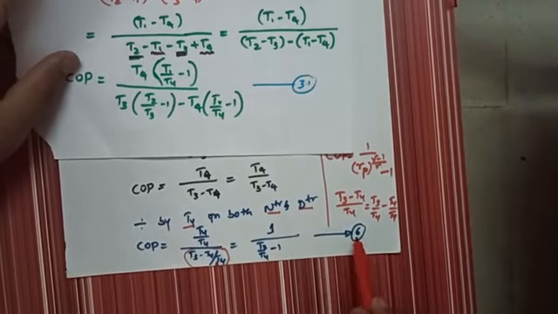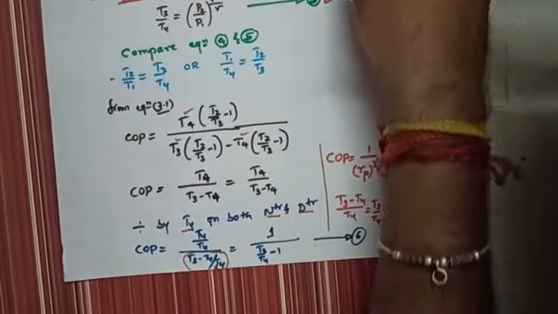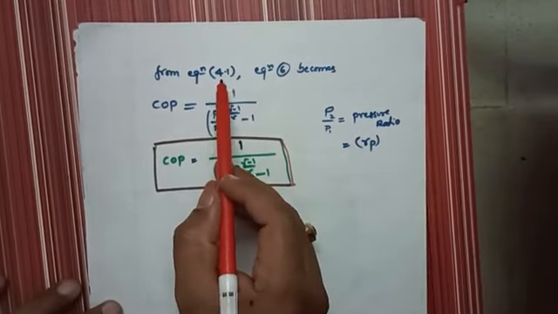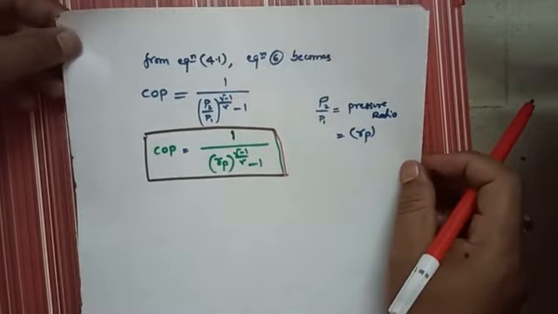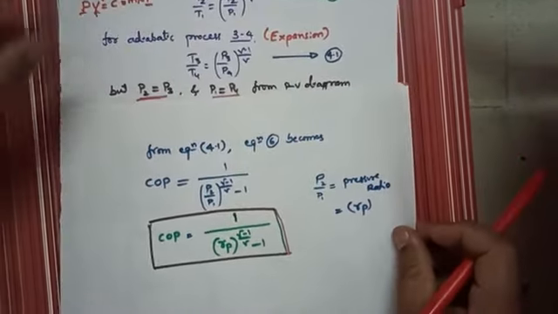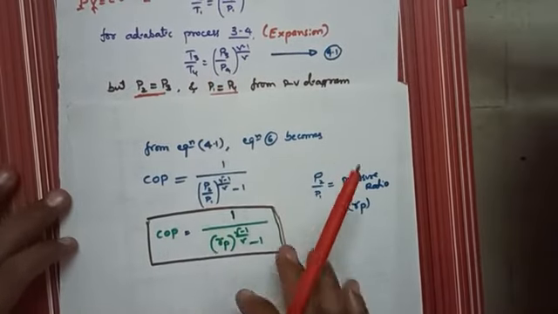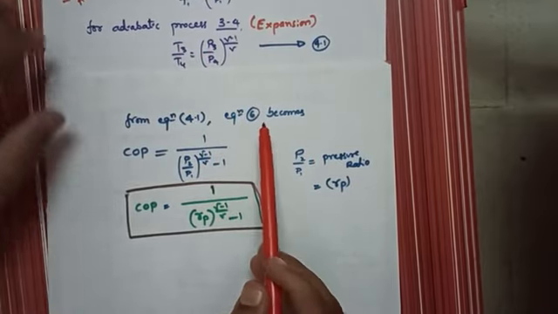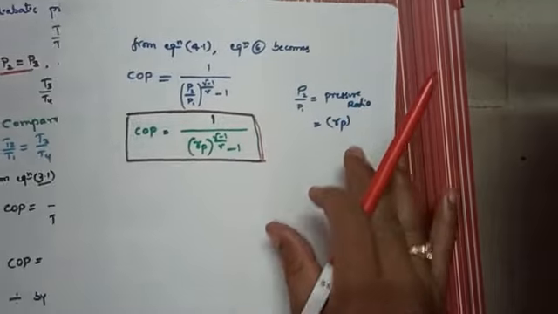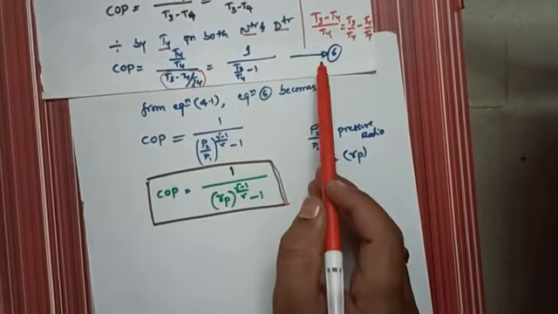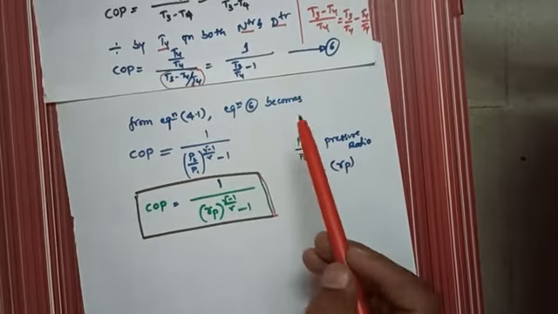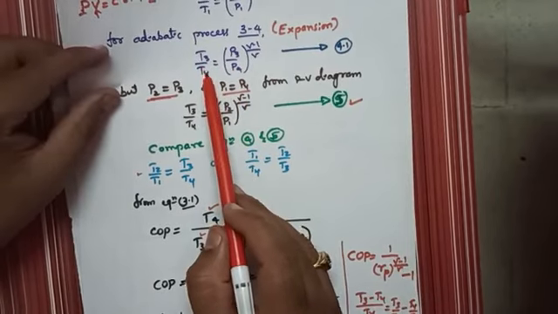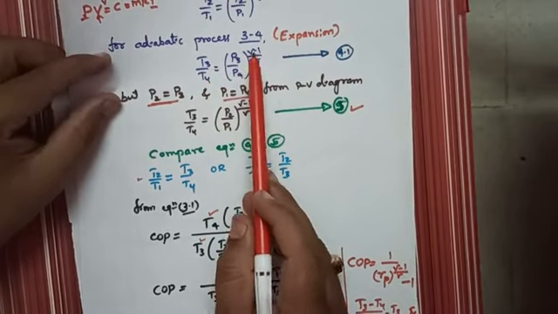Now I will take it as equation number 6. From equation number 4.1, the equation 6 will become this. Which is equation number 6, the previous step we have derived. So what is that? T3 by T4 is equal to (P3 by P4) to the power of gamma minus 1 by gamma.